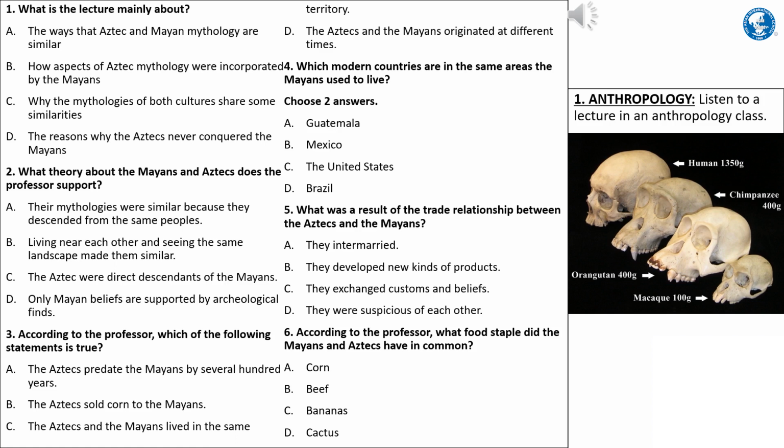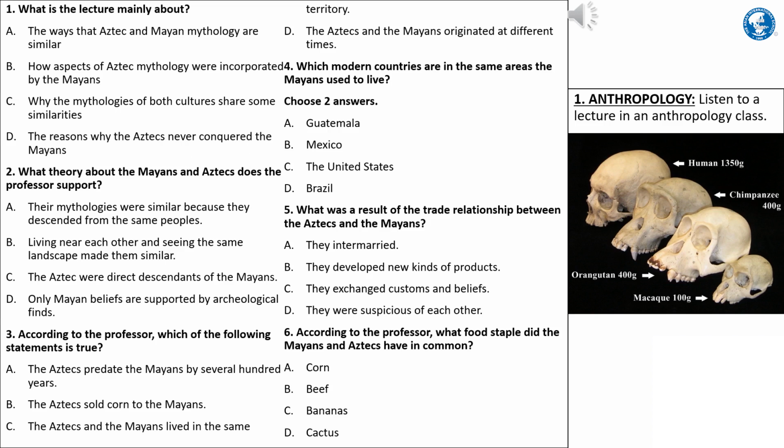1. What is the lecture mainly about? 2. What theory about the Mayans and Aztecs does the professor support? 3. According to the professor, which of the following statements is true? 4.